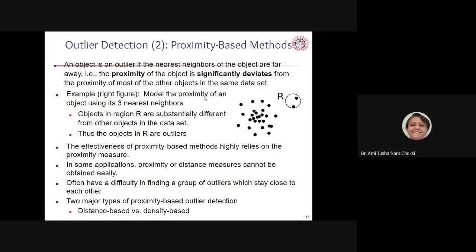Now, see the figure. Model the proximity of an object using 3 nearest neighbors. Objects in the region R are substantially different from other objects in the data set. Thus, the objects in R are the outliers. Fine.